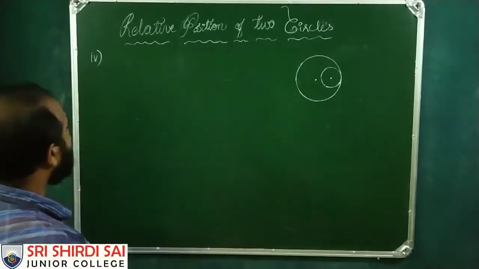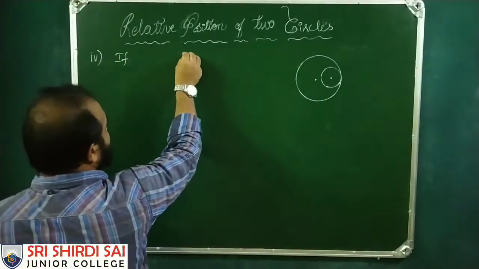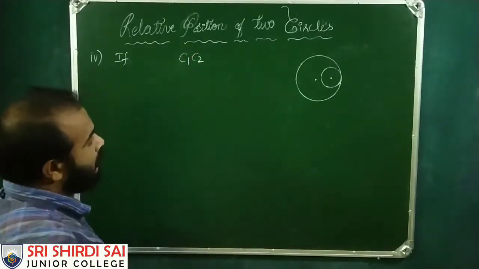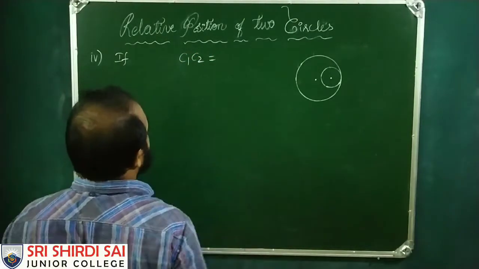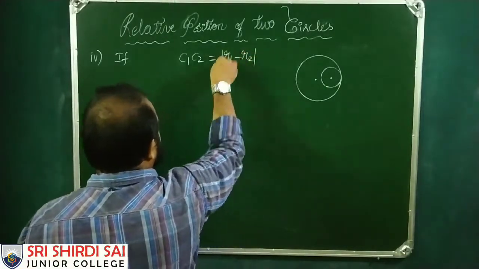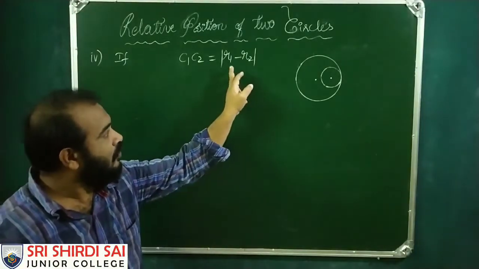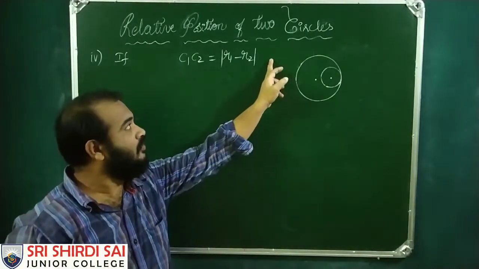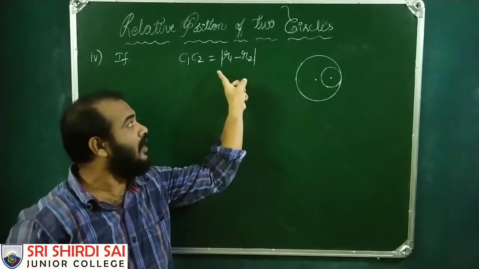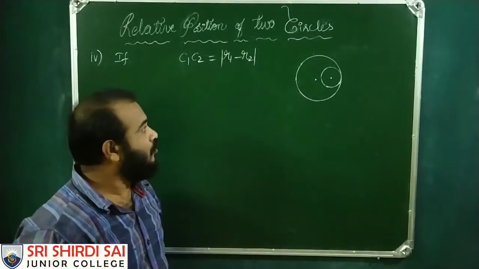If C1 C2 is equal to the modulus of R1 minus R2, I have told you before, it means the difference of the radii. It could be R2 minus R1 or R1 minus R2.